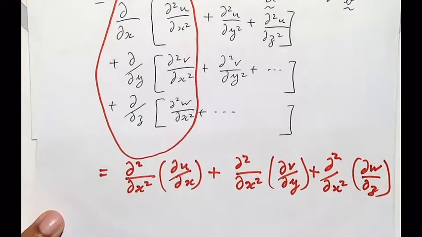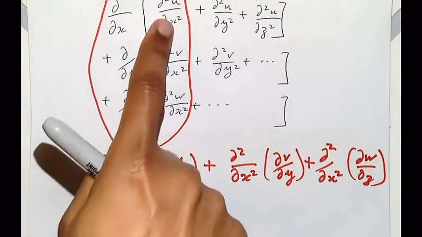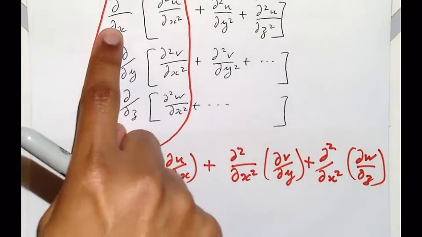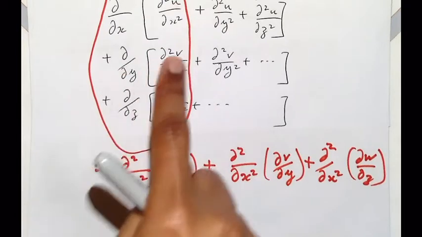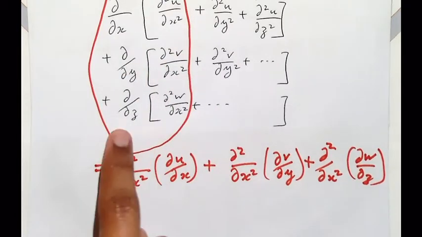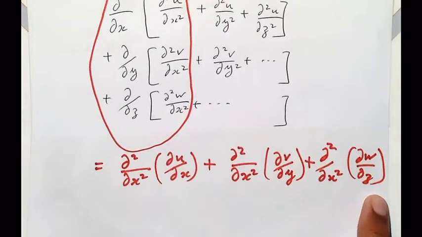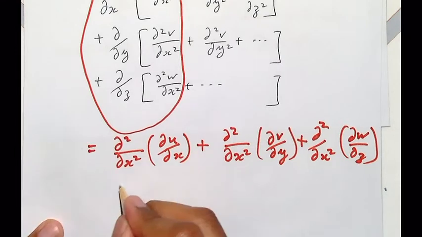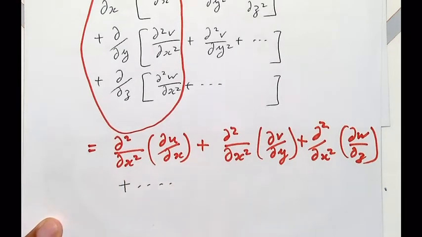Is it clear what I've done? I've just taken these three terms and exchanged the derivative. So this del by del x goes inside, del by del y goes inside, comes here, del by del z goes inside, comes here. All right, and there are other similar terms. But what do we have now?